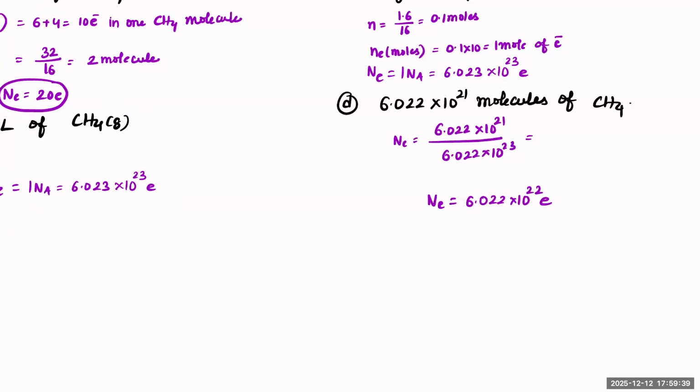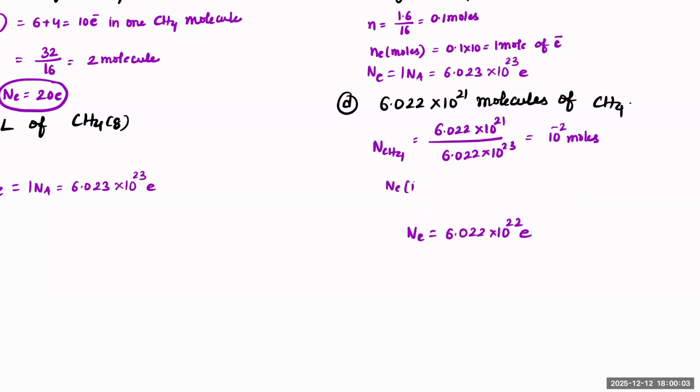Sorry, this is the number of methane in moles. How many moles are we getting? We are getting 10 raised to the power of minus 2 moles. So therefore, the number of electrons in moles is 10 into 10 raised to the power of minus 2, which is 0.1 moles.